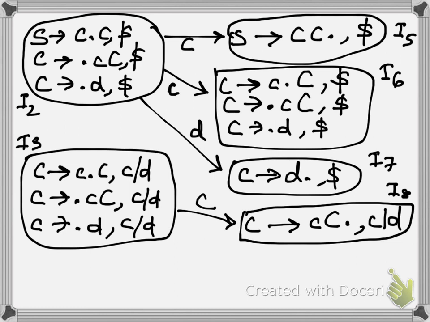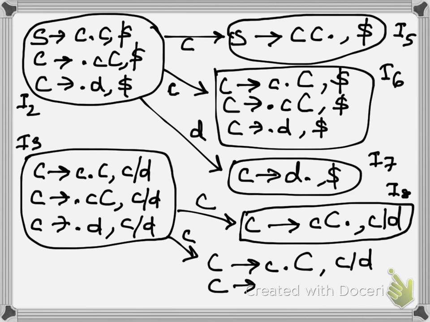Then here, when this goes to small c, then C derives small c dot capital C, CD. Then again you get C derives dot C capital C, and first of this CD is CD, and C derives dot D, first of CD is CD.